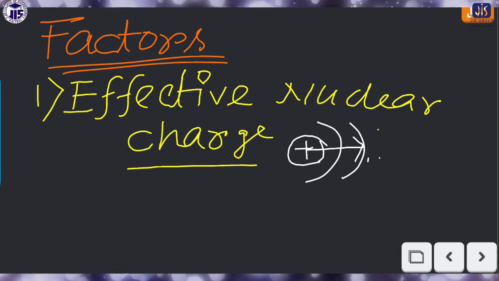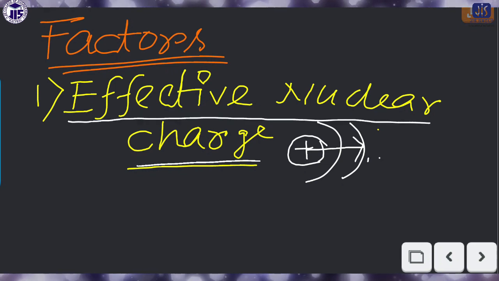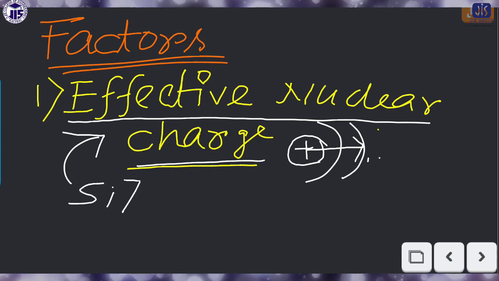So it is very important that with increasing effective nuclear charge, the electron affinity will increase. Look here, effective nuclear charge is also a reflection of the size of the atom, isn't it? There is a direct relationship between effective nuclear charge and size.